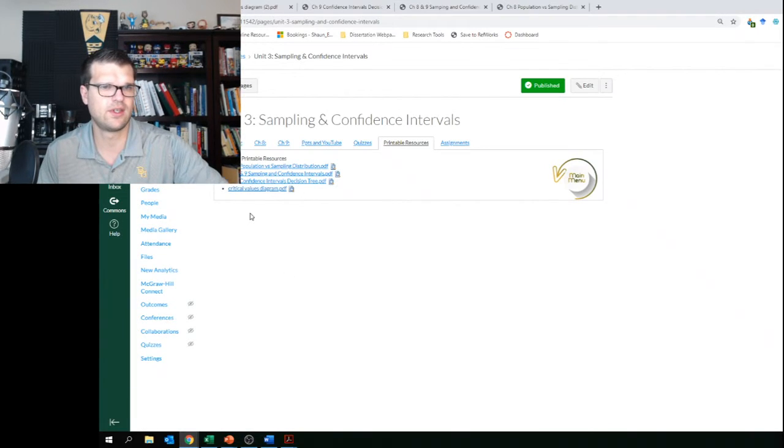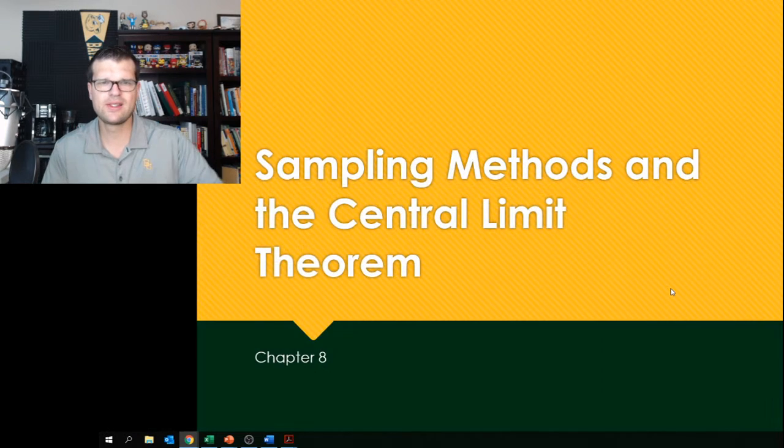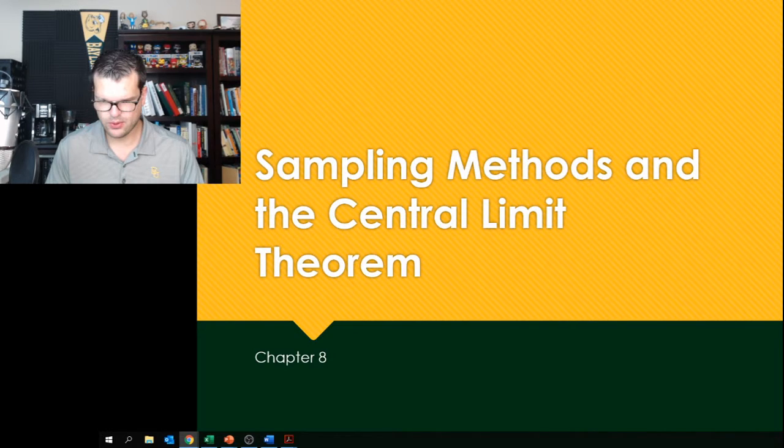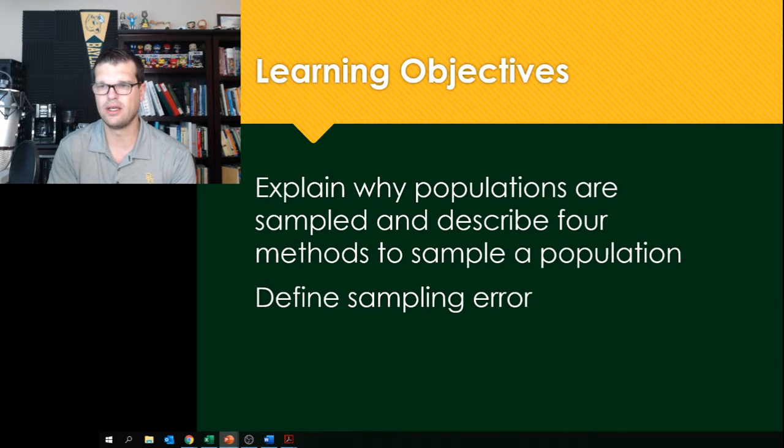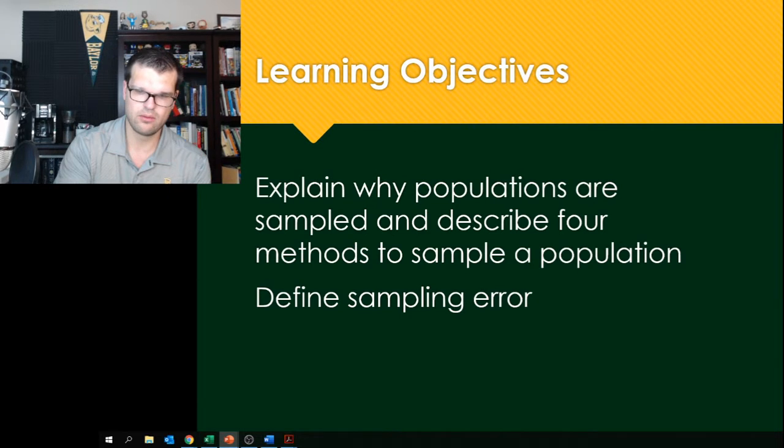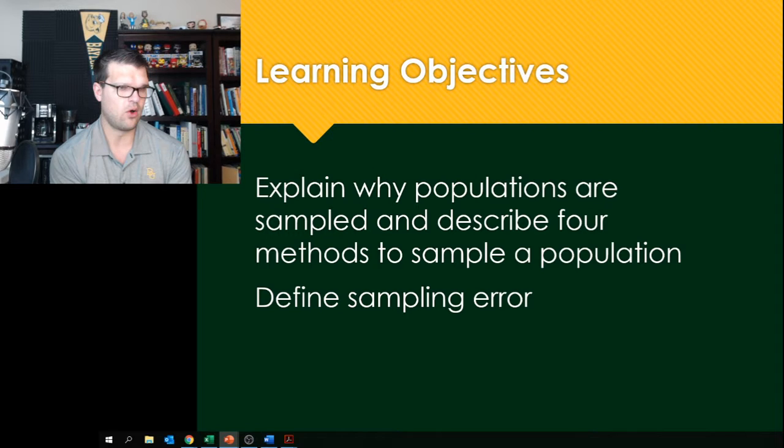Let's keep moving. Sampling methods and the central limit theorem. It's really important to know about sampling methods and the central limit theorem, because with sampling methods, we basically know who it is that we're looking at. For instance, right now, I have a survey going out to all of you that specifically asks, how are you guys feeling about the semester?